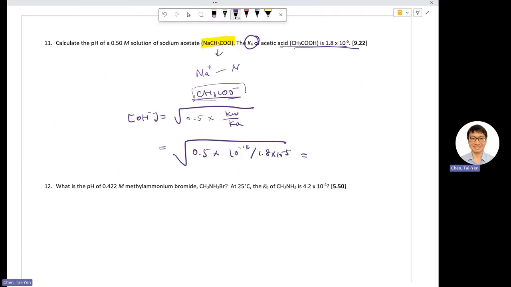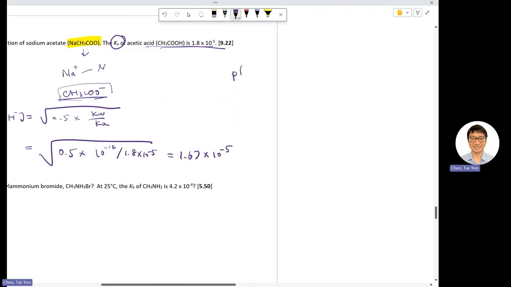After all those calculations, you get 1.67 times 10 to the negative 5. Therefore, pOH equals negative log of 1.67 times 10 to the negative 5, which gives 4.78.